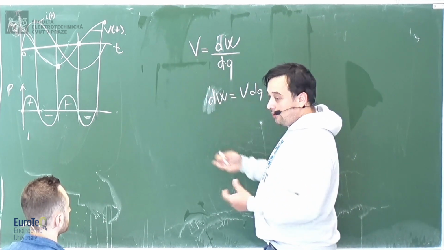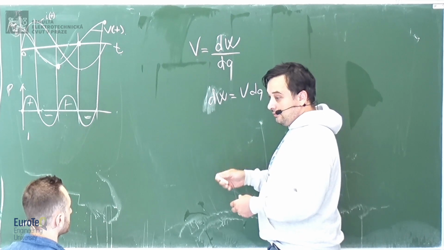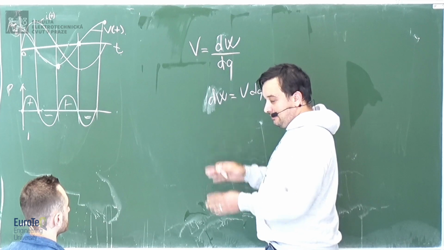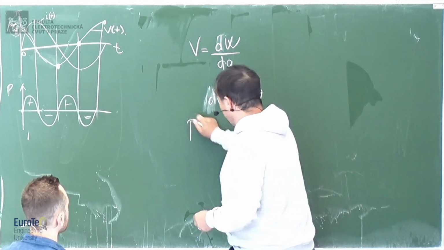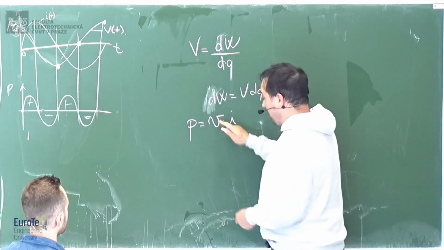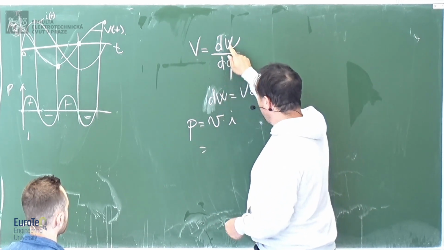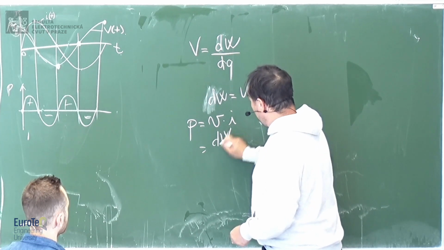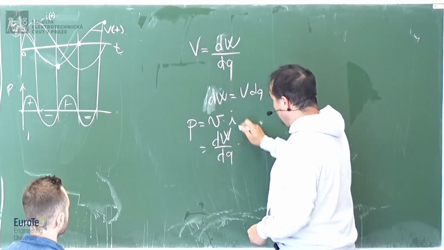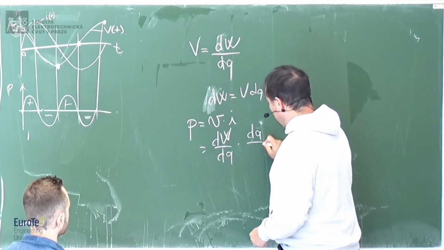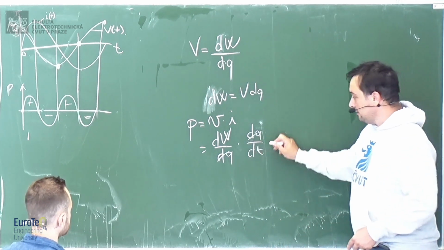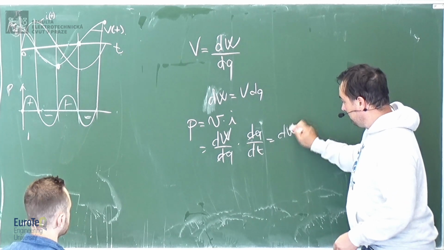Because the voltage is the work that you do to move some charge from one point to another, we know that the power is voltage times current. Why? Because the voltage is the elementary work per unit of charge, and the current is dq/dt.